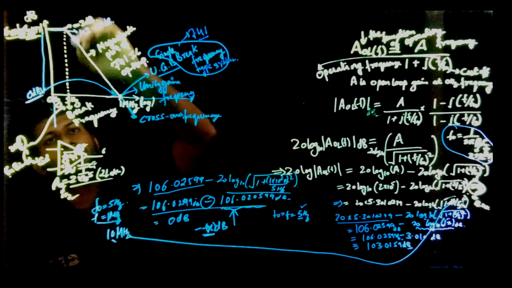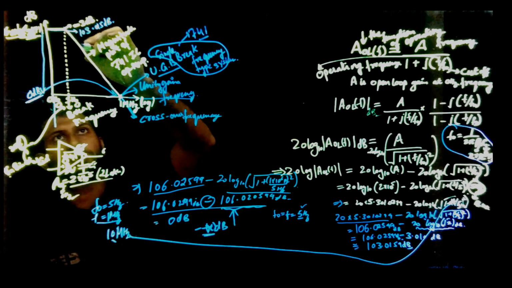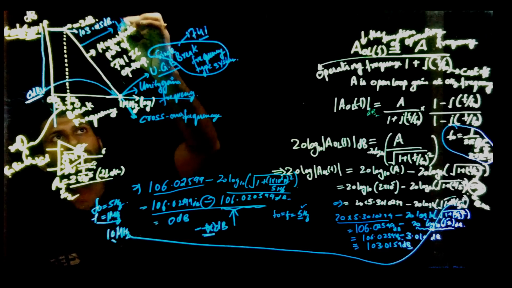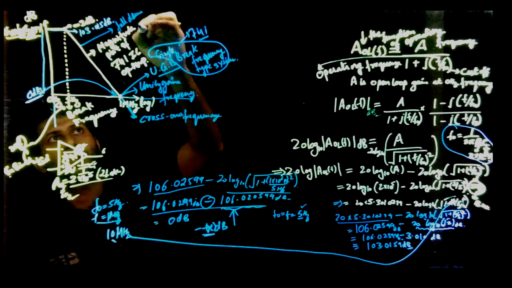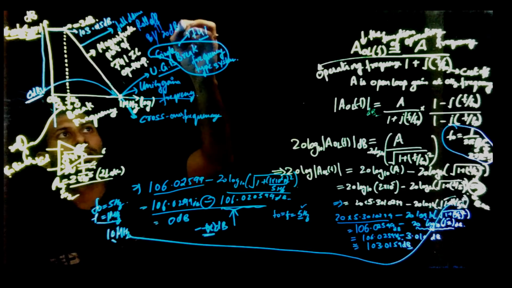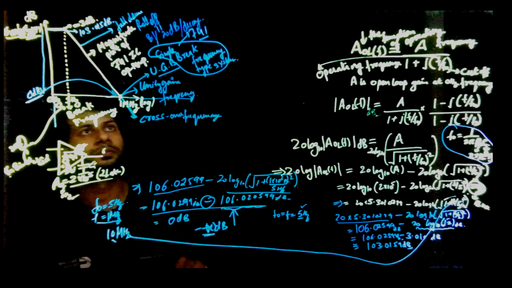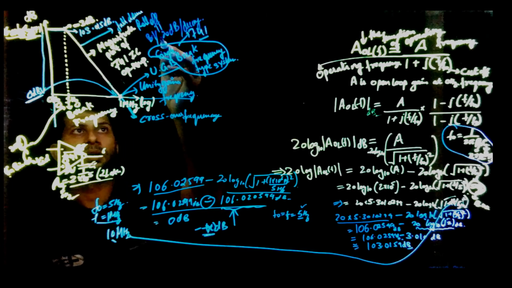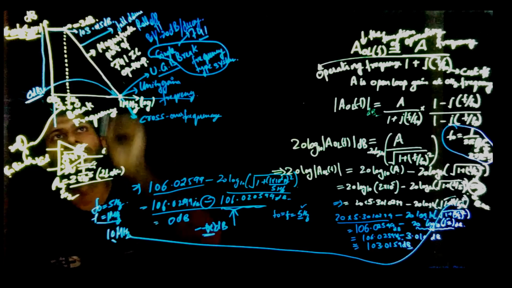Break frequency means that after this point, the system gain falls down or rolls off by 20 dB per decade. Okay, and minus, you can say that.